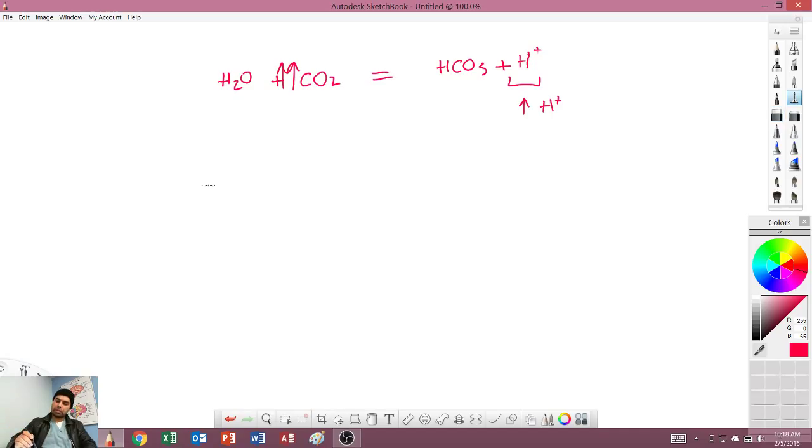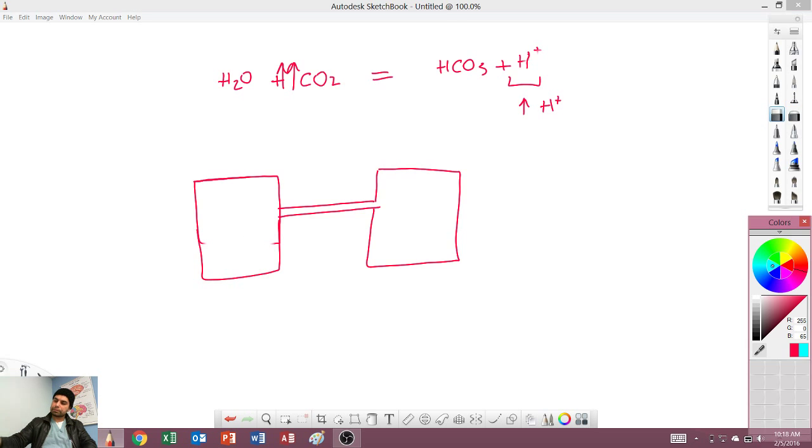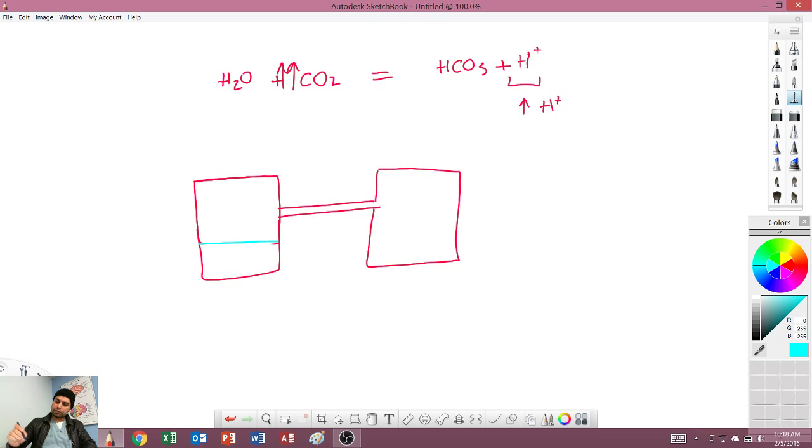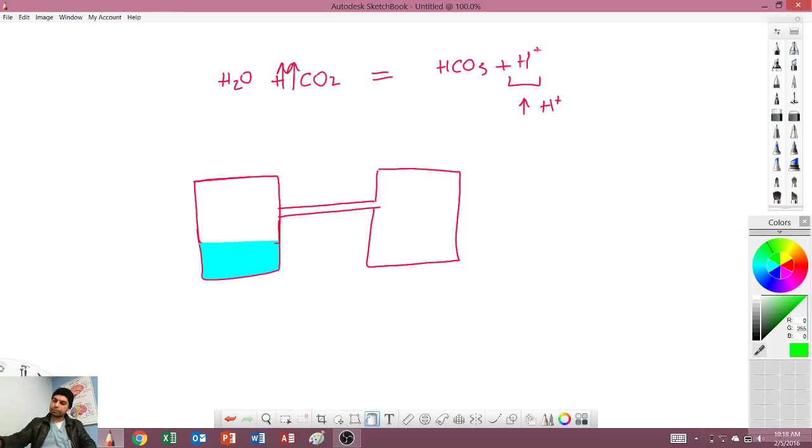Let's put it this way. So there is a bucket, and this is connected by a membrane or a tube to this side. Hopefully this will make sense. This bucket is full of carbon dioxide and water, and this side is full of bicarbonate and protons.